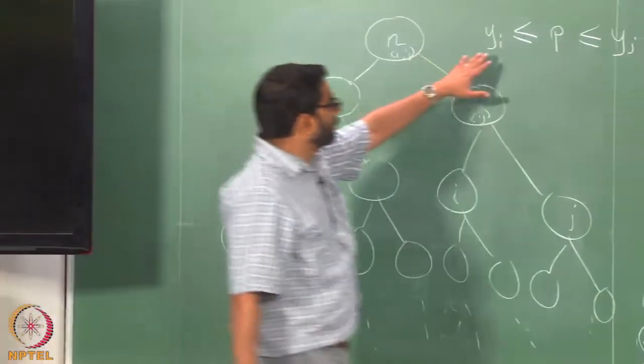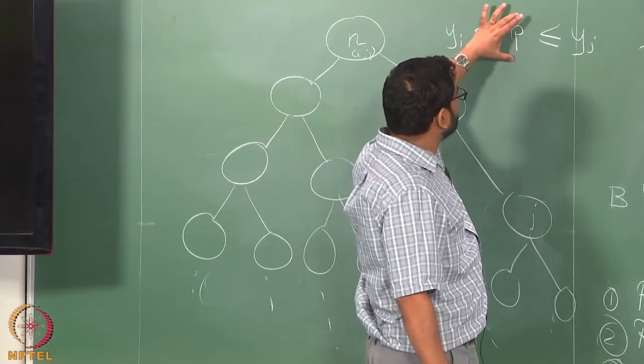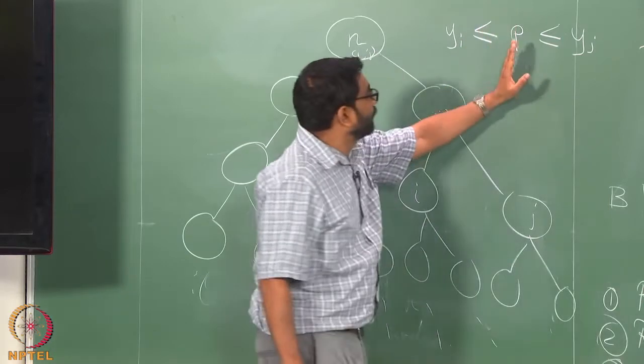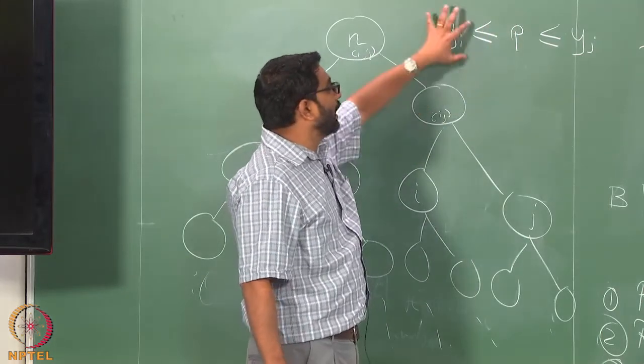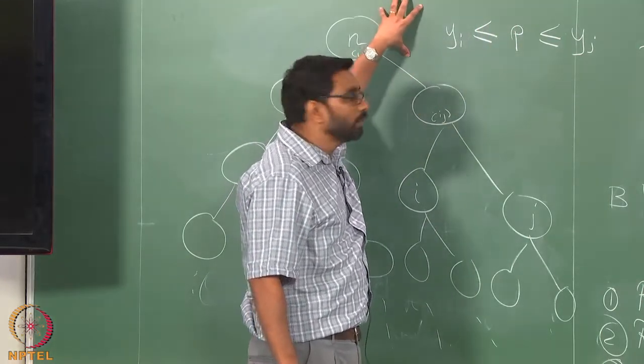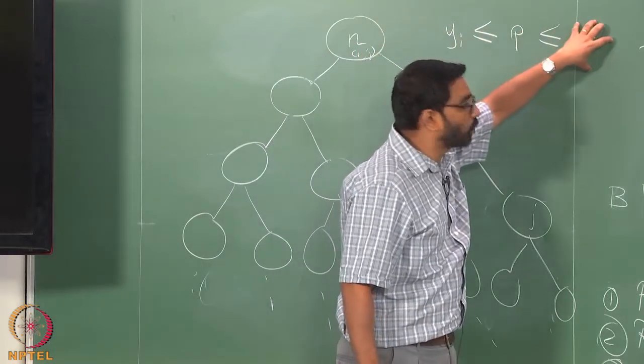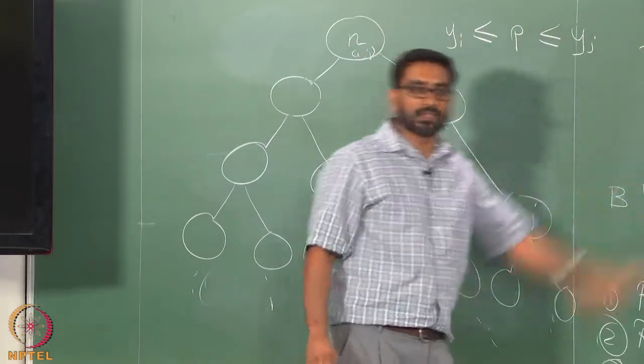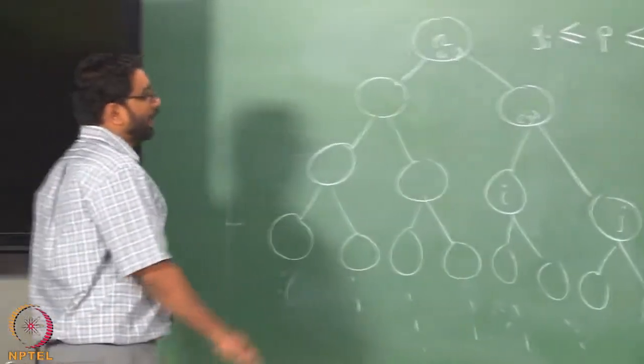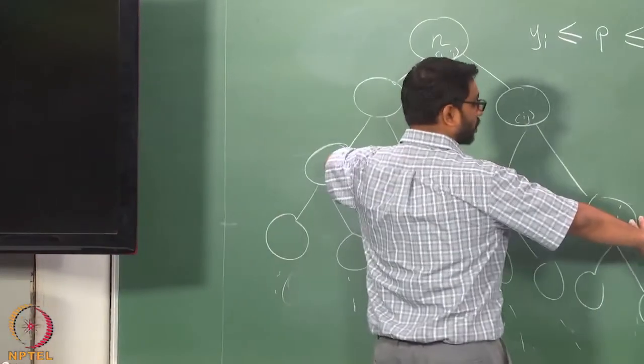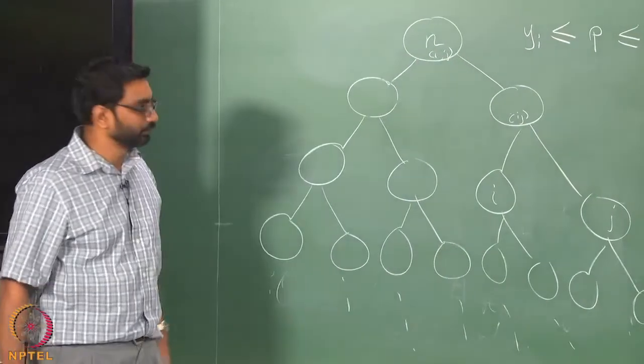When a pivot of this form was chosen, it was compared with Yi and Yi was put in the left subproblem, and the pivot was compared with Yj and Yj was put in the right subproblem. That's why i and j got split into the two subproblems.